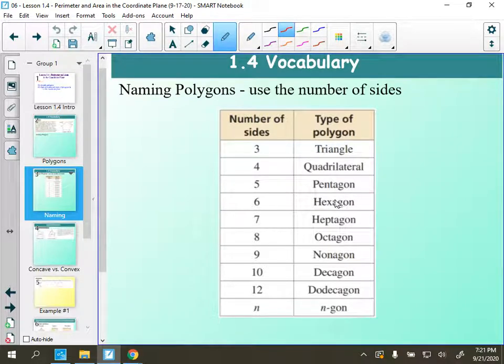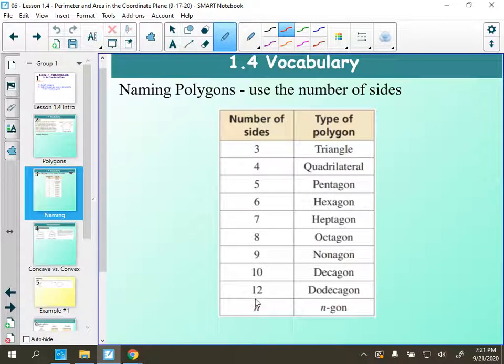And it goes on, a lot of prefixes, a lot of things we've heard of. Octagon, 8 sides. A couple you may not be as familiar with: 7 is a heptagon, 9 is a nonagon, and then 10 and 12 sound similar. It's decagon for 10 and dodecagon for 12. You notice we skipped over 11. It's a funny name. It doesn't come up very often, so we're not required to know that one.